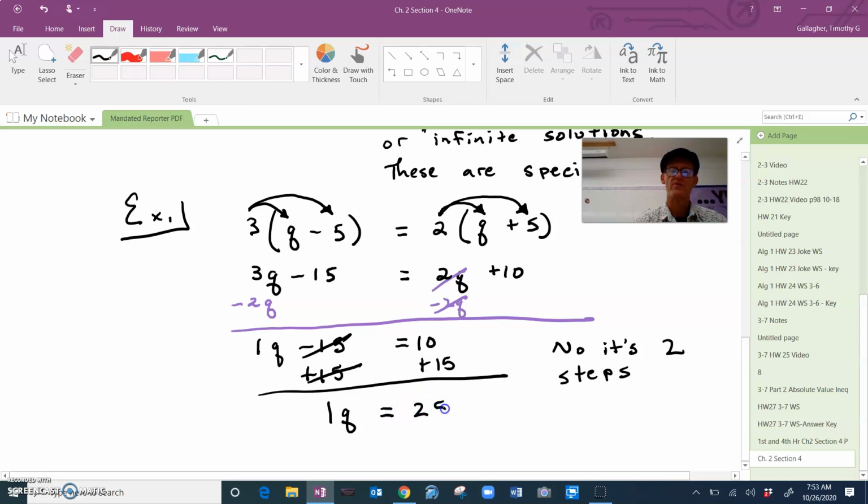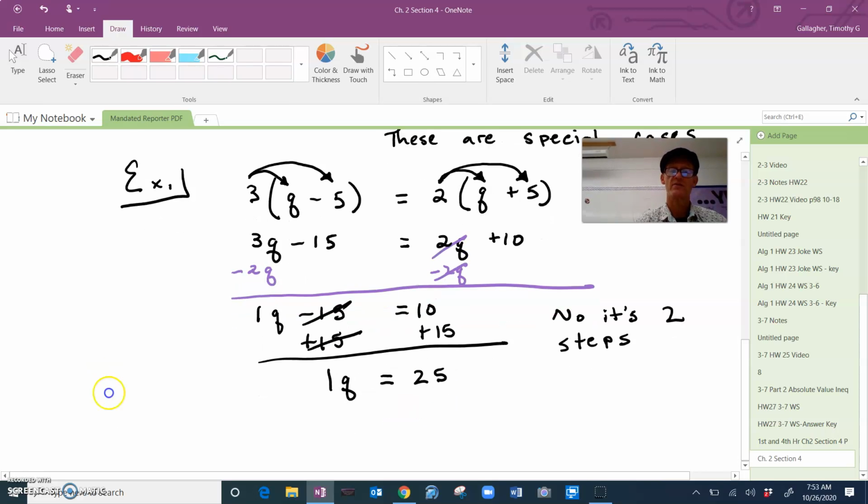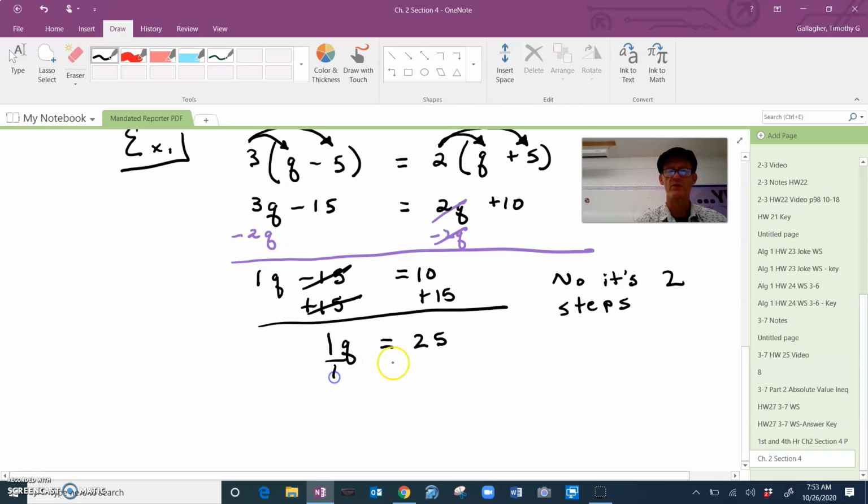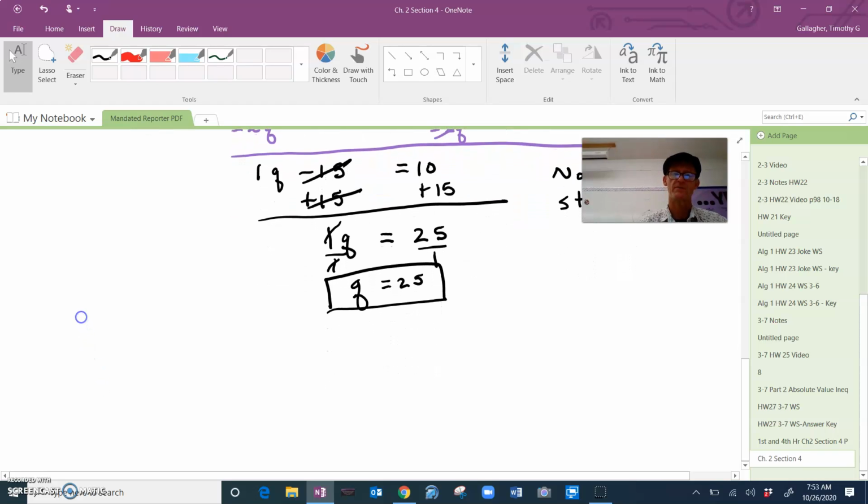Then I get 25 on the right. I can divide by 1 or not; it isn't necessary, but it's okay. So I solved the equation and got q equals 25. Awesome.